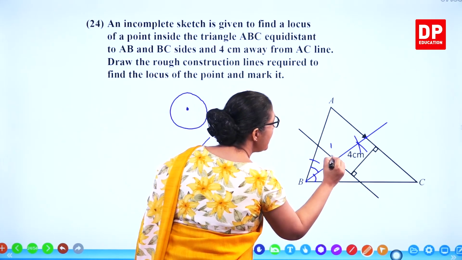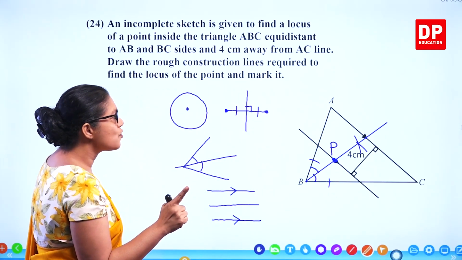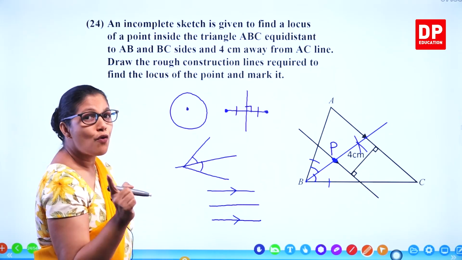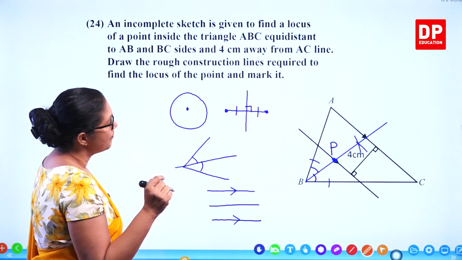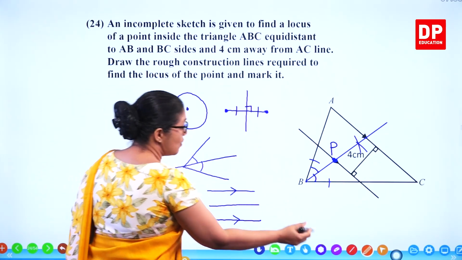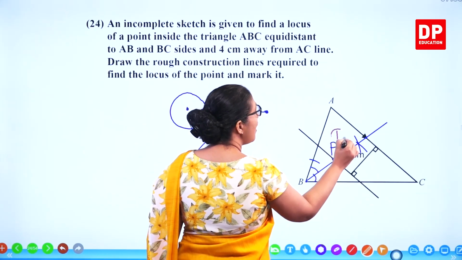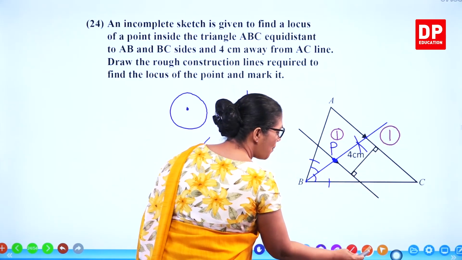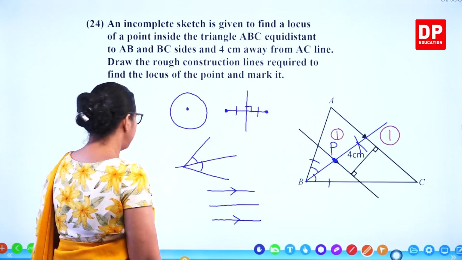We'll put P. P is the point equidistant to AB and BC as well as 4 centimeters away from the AC line. Marking P, you get 1 mark, and drawing the angle bisector, you get 1 mark. So altogether 2 marks for that.